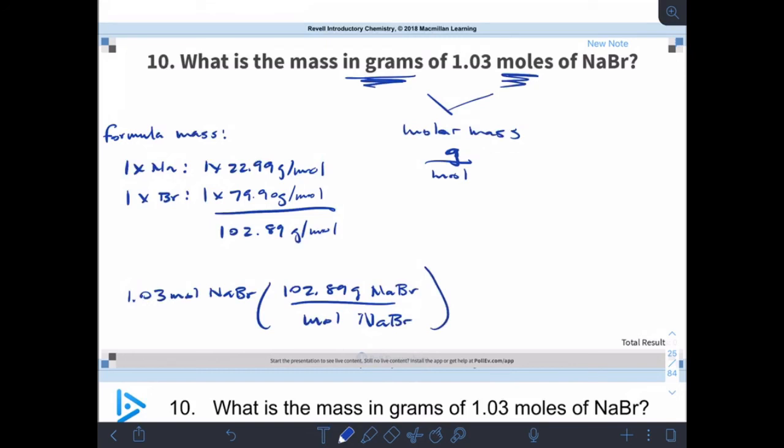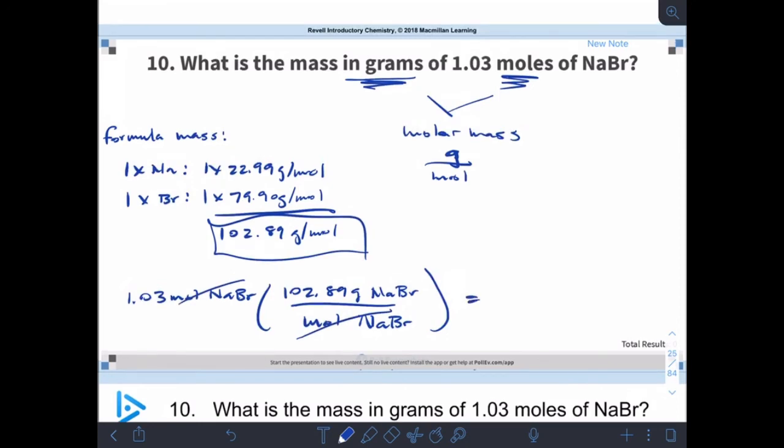And again, I want to encourage you, when you say these things, say it out loud to yourself. 102.89 grams, that number goes with the grams, per mole. Our moles of NaBr cancel out, and so we end up with an answer to the correct sig figs of 106 grams of NaBr, sodium bromide.